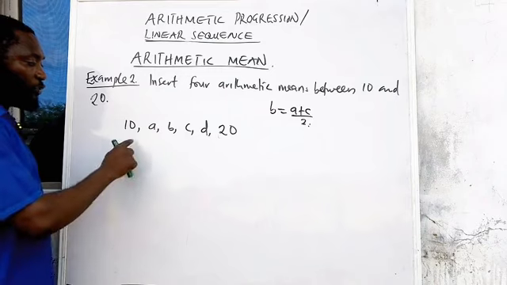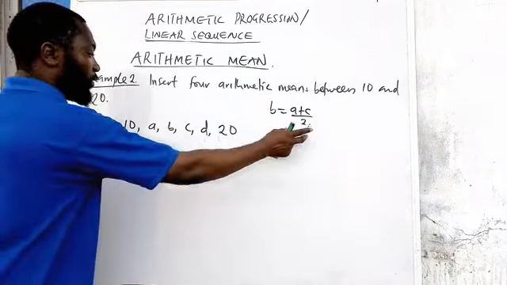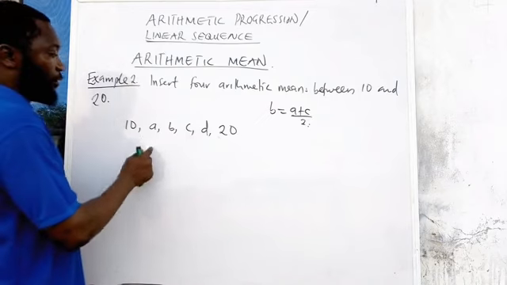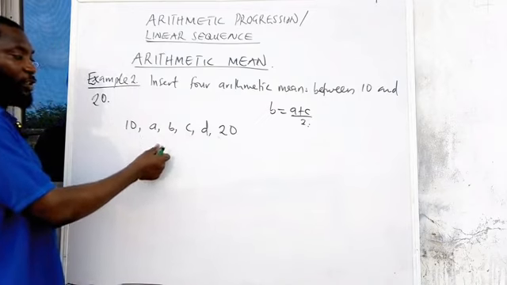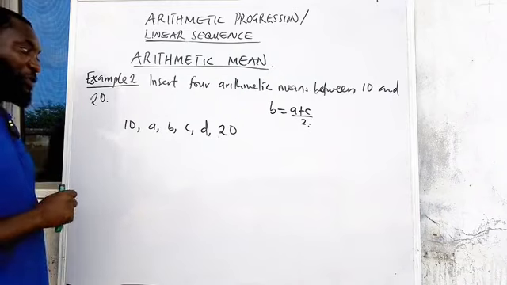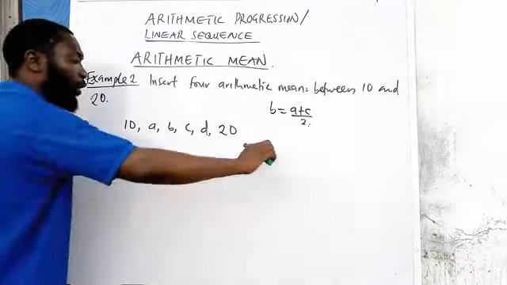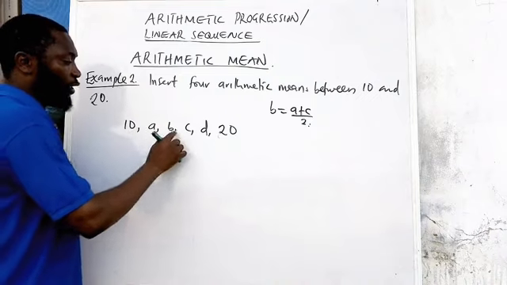If we want to know the arithmetic mean between 10 and B, we can use this, but we still have this plus this divided by 2, so we get A. But we don't know the value of B. We only know one value, which means that will be very difficult. So what we need to do is consider the entire sequence: 1, 2, 3, 4, 5, 6.